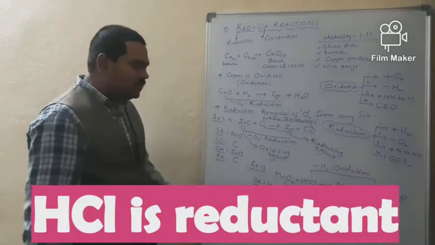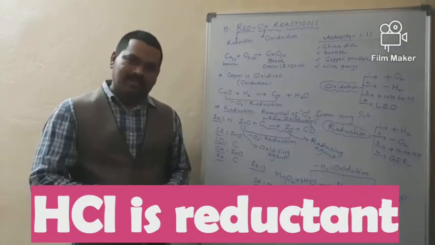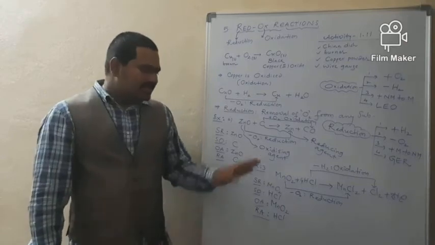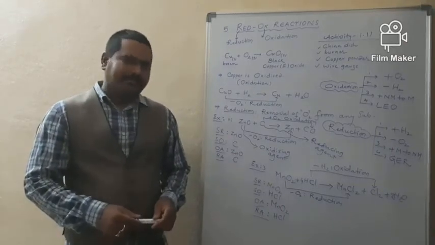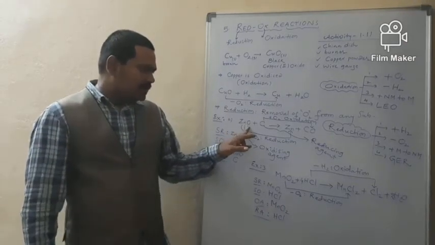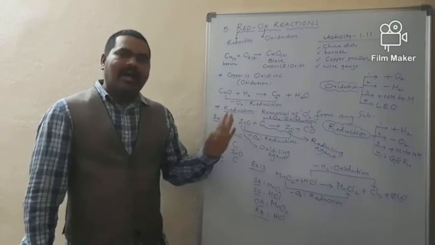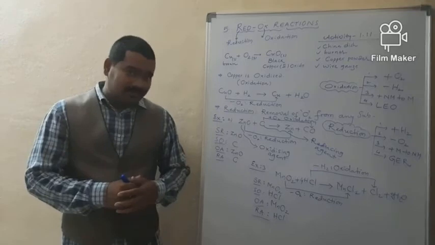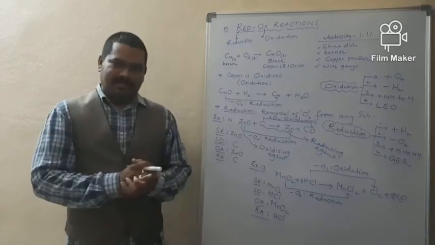So this is about the next chemical equation. In this way, if you observe, in such type of reactions, one substance undergoes oxidation, and immediately the other substance undergoes reduction. Did you observe or not? Yes, you are correct.